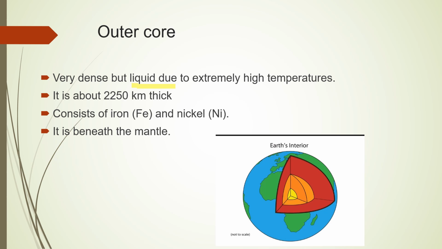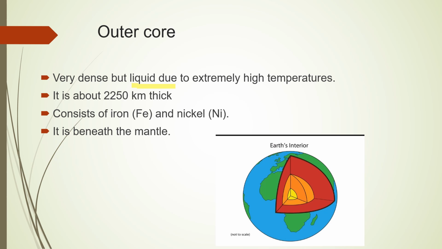So you can imagine that the temperatures from the mantle were reaching 500 degrees Celsius. Then now, what about the outer core? It is higher than that. It is about 2,250 kilometers thick. So just after the mantle, the thickness reaches 2,250 kilometers.